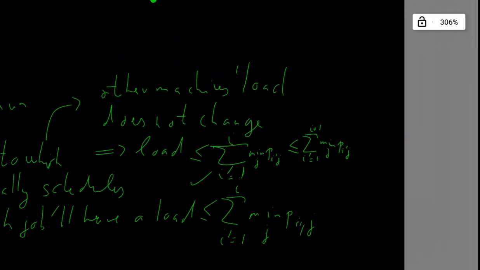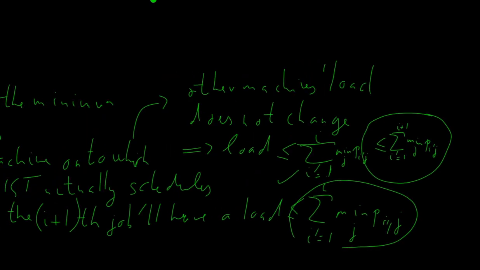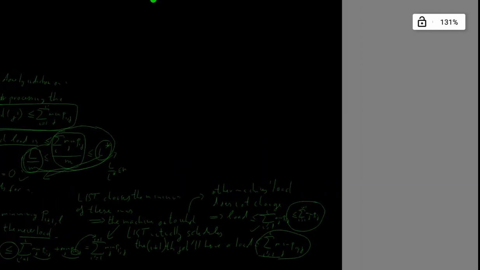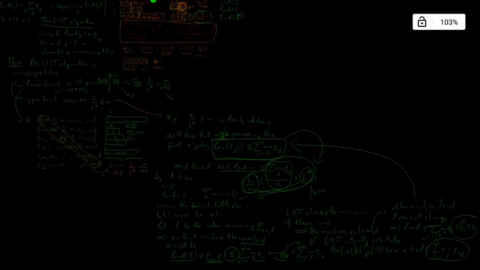So we have this bound for all the machines, including the one onto which the job is actually scheduled, and for the others as well, which means that we just proved this thing. And from this, if we just process all the jobs, we can deduce this bound for the competitive ratio as well.